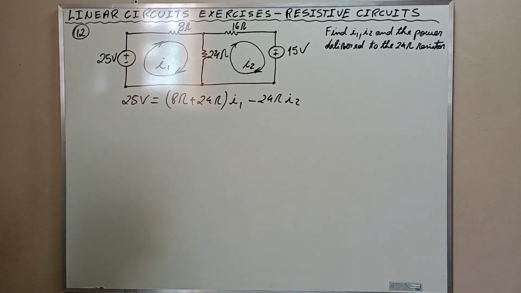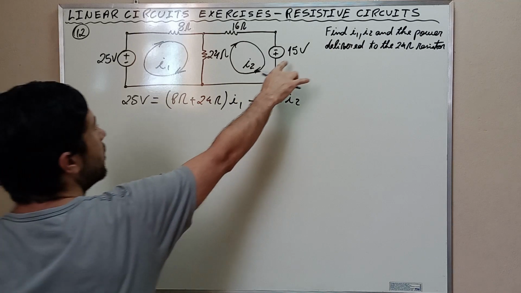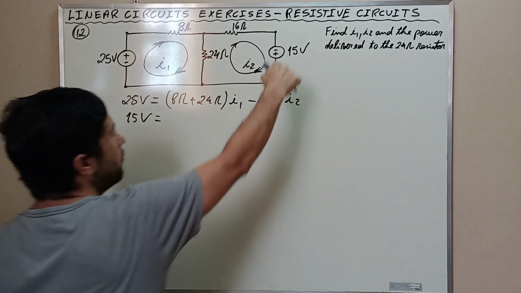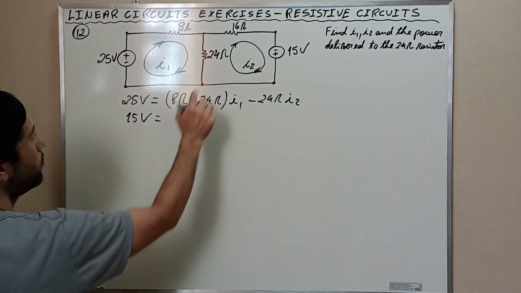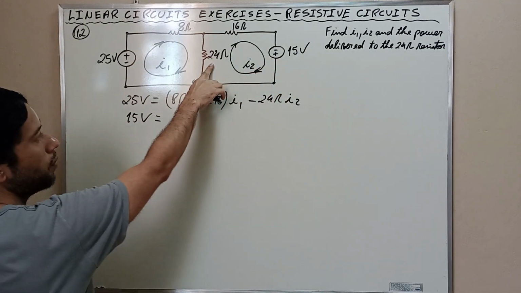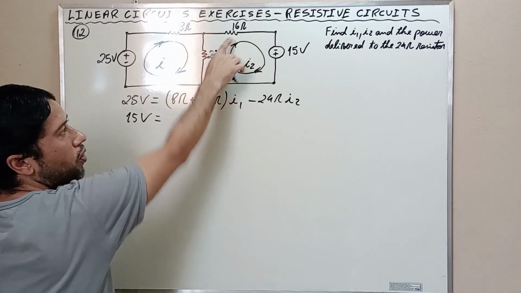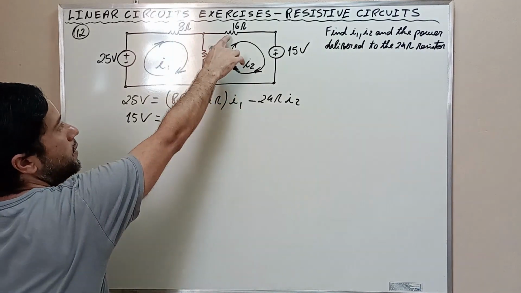I have here 15 volts. 15 volts is going to be equal to the voltage drop caused by I2 here plus the voltage drop caused by I2 there.